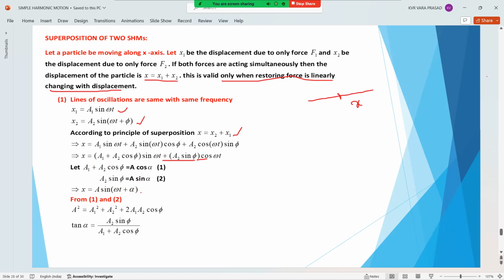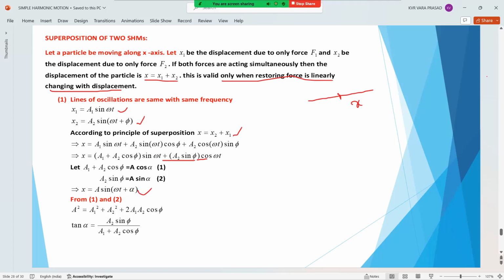That means when you superimpose two simple harmonic motions having the same line of motion, the resultant is also a simple harmonic motion along the same line with the same frequency. That is what we can conclude from this equation.